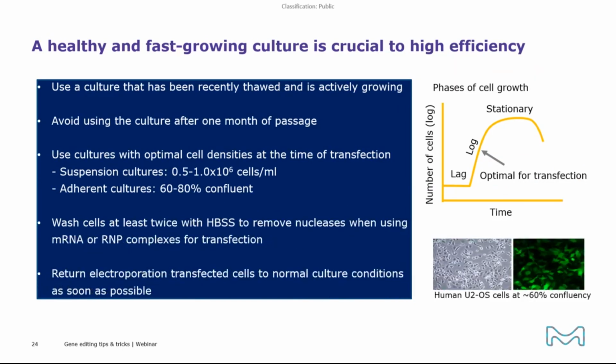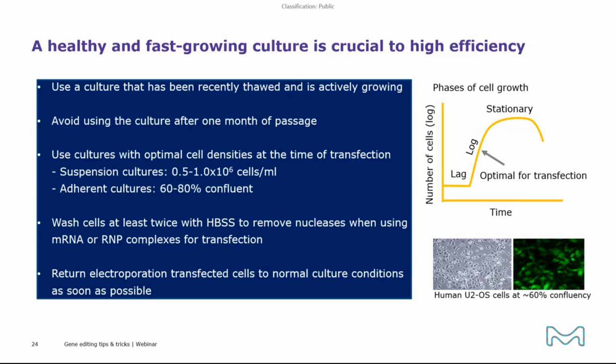Here are some tips we found to be useful for handling cell culture before and during transfection. First, you want to use a culture that has been recently thawed and is at a fast-growing state as starting materials.